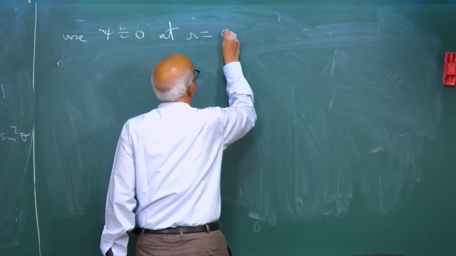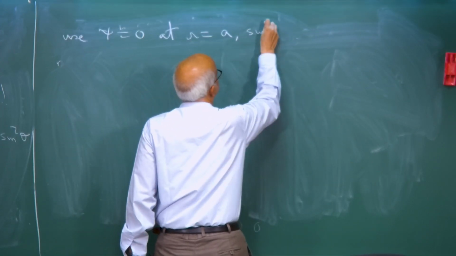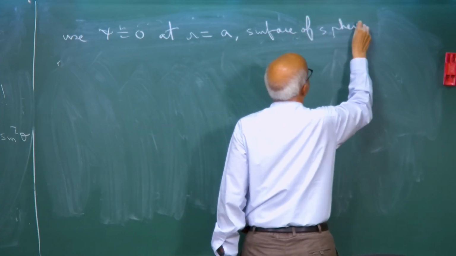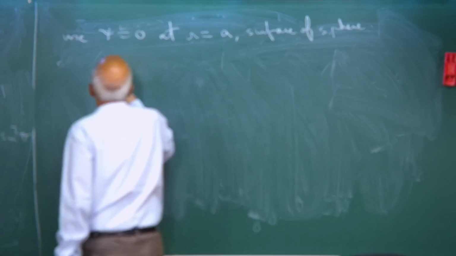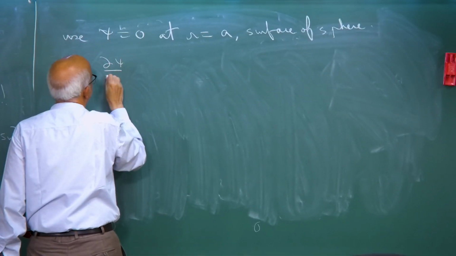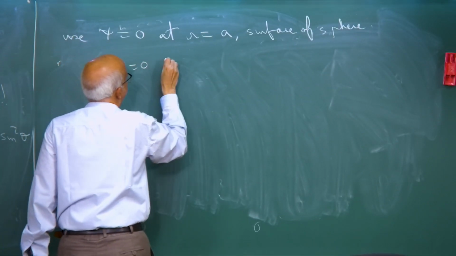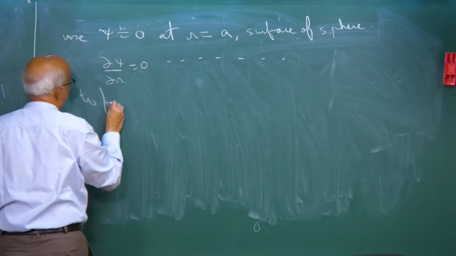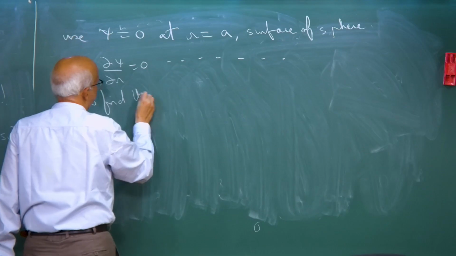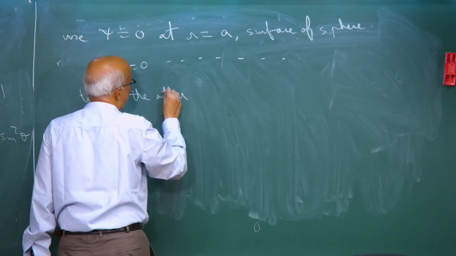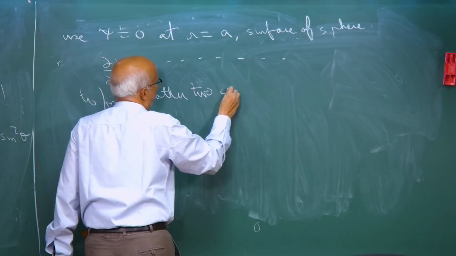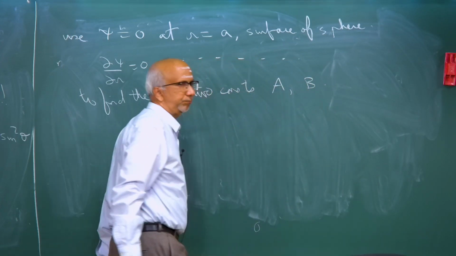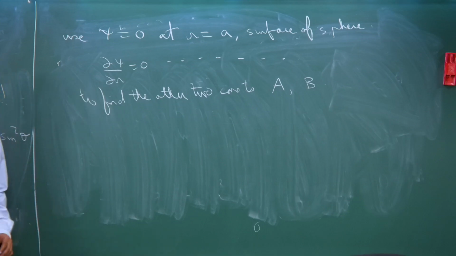At r equals a, the surface of the sphere, and d psi by dr equals 0 at r equals a, the surface of the sphere, to find the other two constants a and b. That you will do.